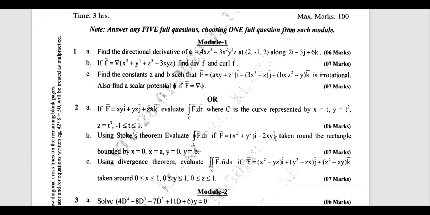What we have solved was x square minus y square i plus 2xy j. This plus and minus are different. And one more thing you can observe, I think curl is going to be same for both the functions.